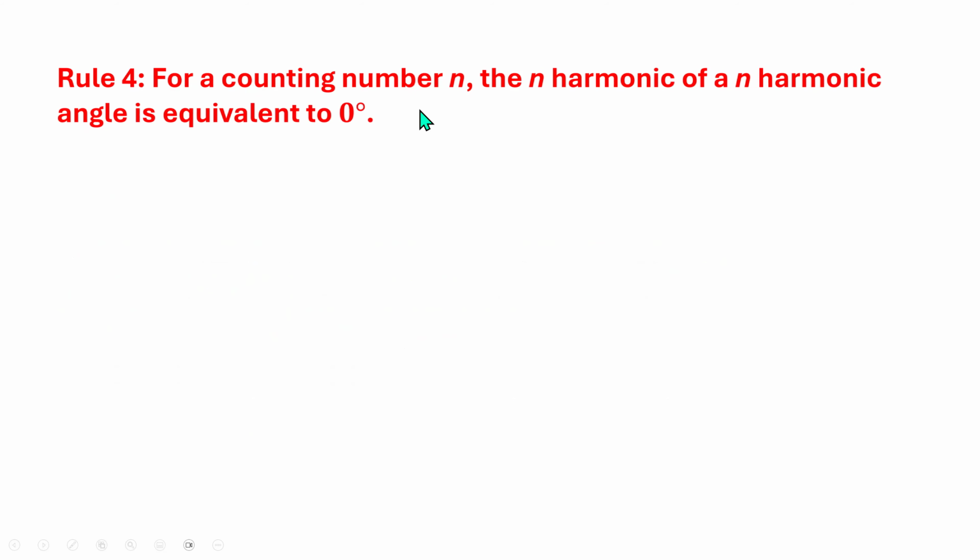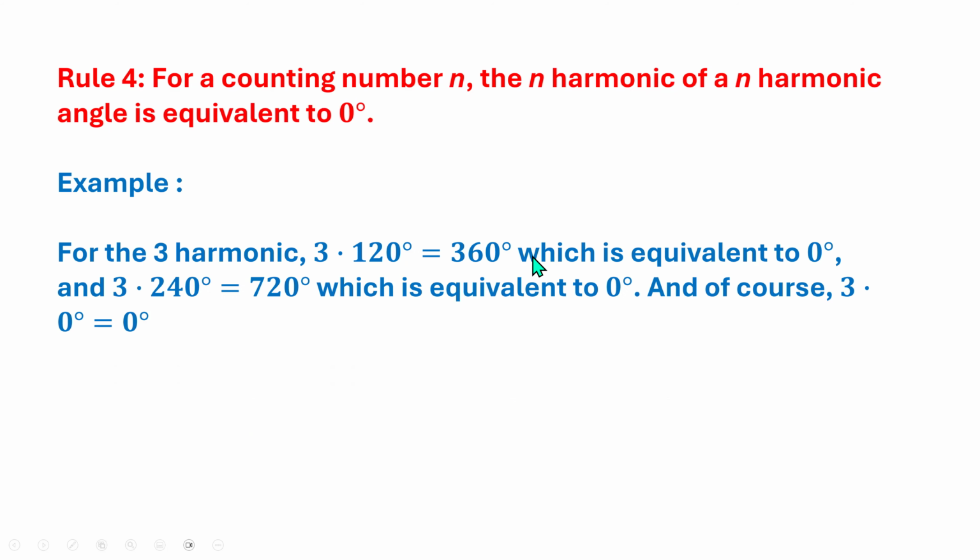Okay, rule 4, for a counting number n, the n harmonic of an n harmonic angle is equivalent to 0. So you could take any 3 harmonic angle, such as 120 degrees, multiply that by 3, and you get back 360 degrees, which is equivalent to 0. Take 240 degrees, your next 3 harmonic angle, multiply by 3, you get 720 degrees.